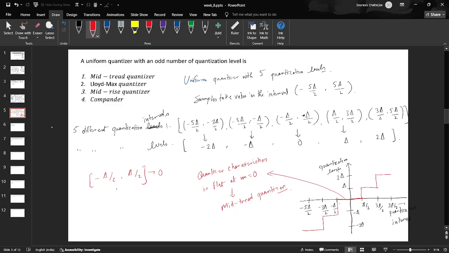So of course it means that no matter what value the sample takes in this interval, as long as it's inside this interval, it is going to map to 0. Earlier we talked about the trade-off, because in quantization you are actually discretizing things.